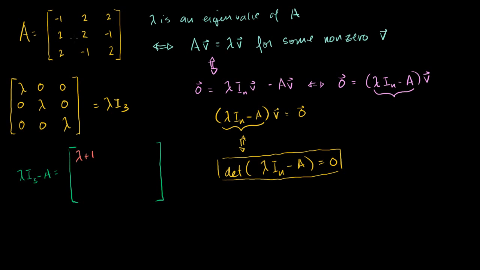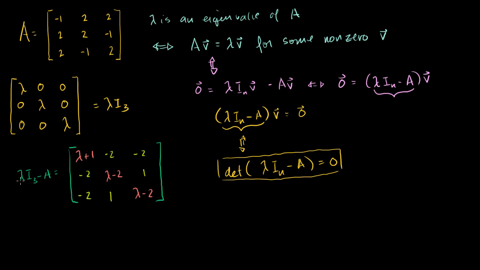And then 0 minus 2 is minus 2, for each of the off-diagonal entries with a 2. 0 minus minus 1 is 0 plus 1, which is 1. And then let me finish up the diagonal. You have lambda minus 2, and lambda minus 2.